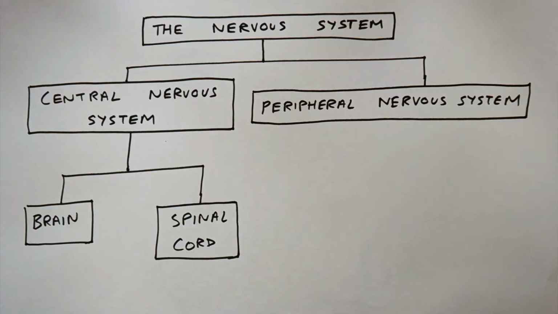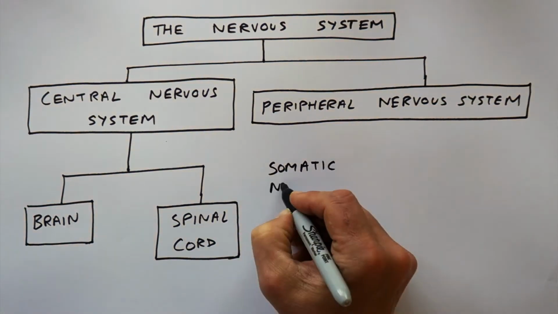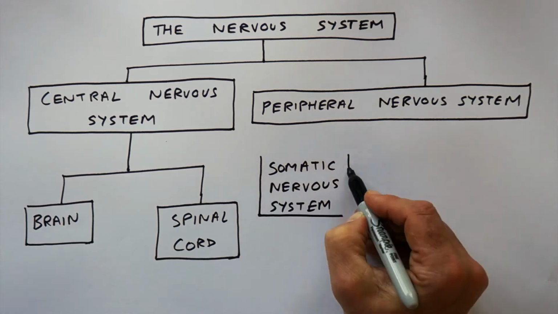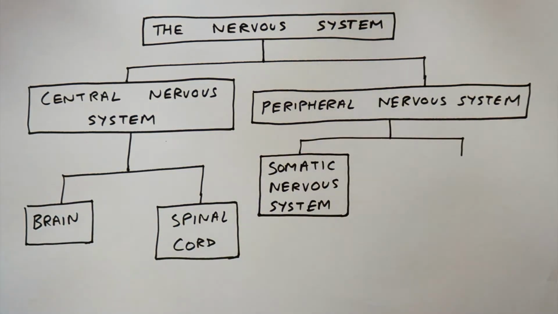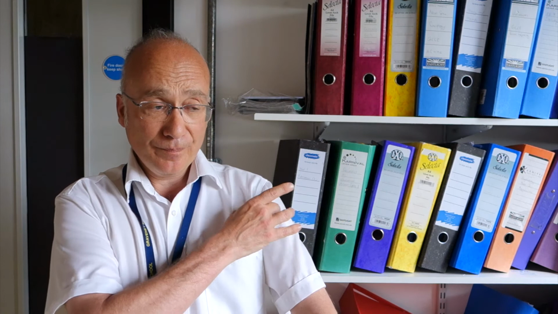The somatic nervous system. The somatic nervous system connects the central nervous system to the rest of the body. So, for example, if I clap my hands, there is a physical sensation in the skin on the palms of my hands. That sensation travels in a nervous impulse up a nervous pathway in my arm and enters the spinal cord.